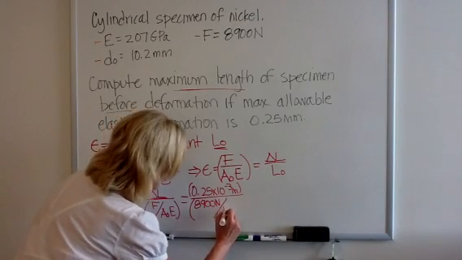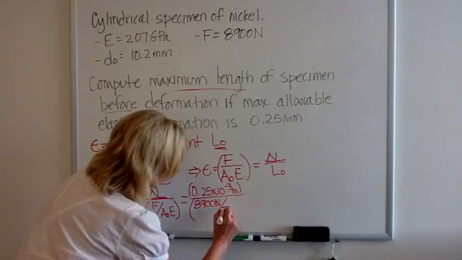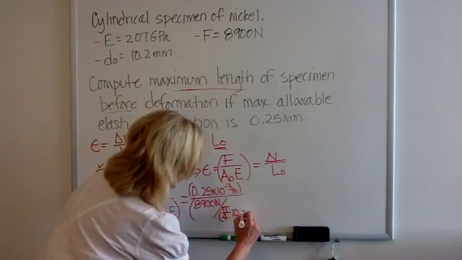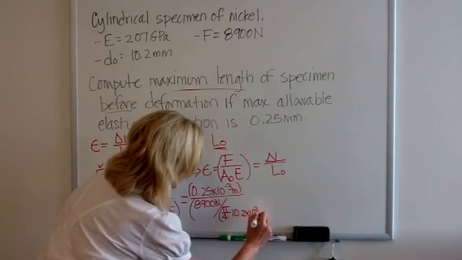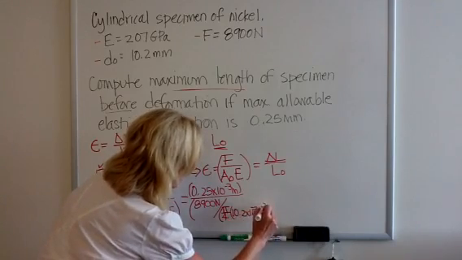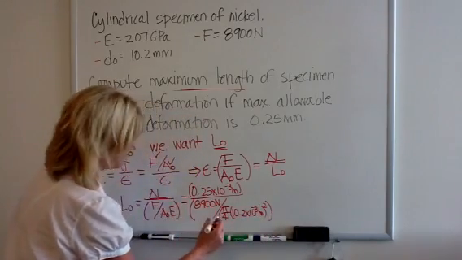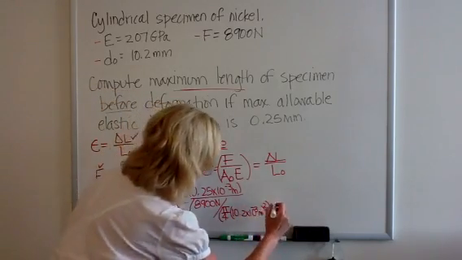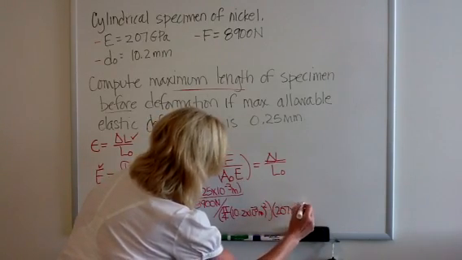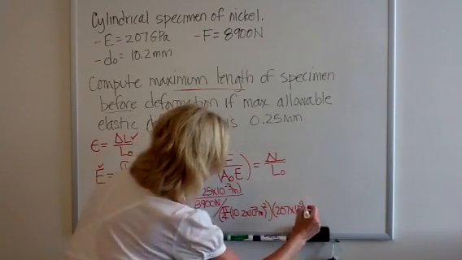A naught is pi over 4 times 10.2 times 10 to the minus 3 meters squared. That's my A naught. And E is 207 times 10 to the 9th newtons per meter squared.